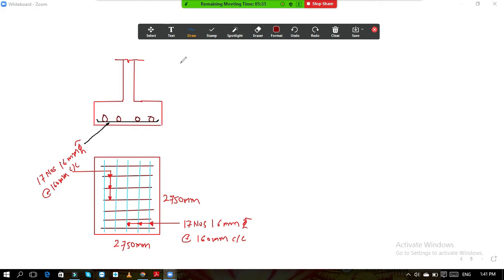And dowel bars, we can show. The dowel bars are the bars which come from the column. This is the steel from column. These are the column bars, which will come like this. Okay. So these are the bars from column.